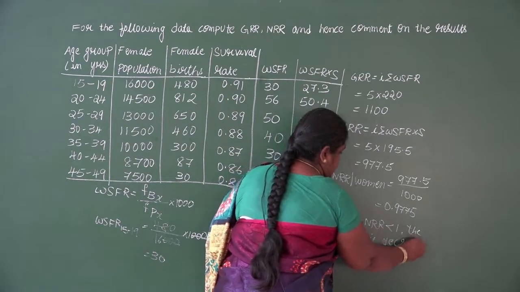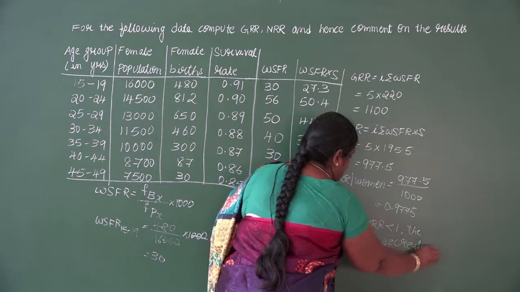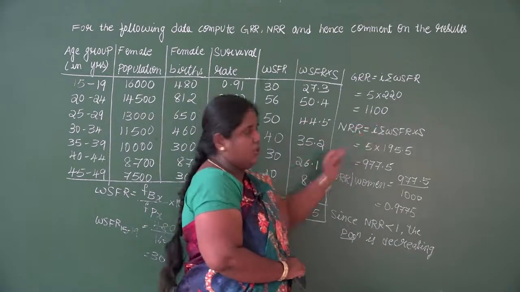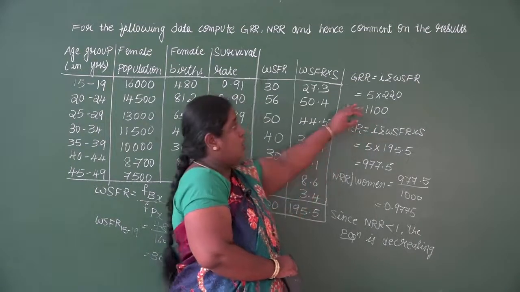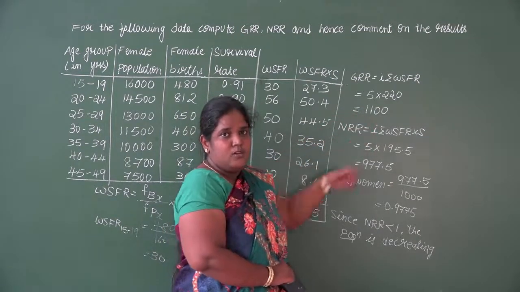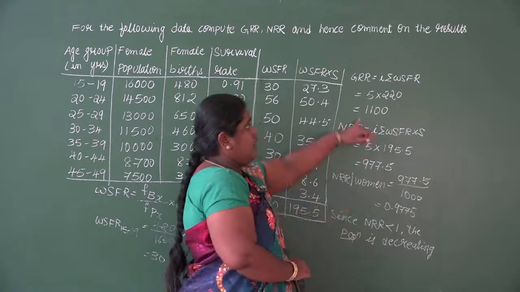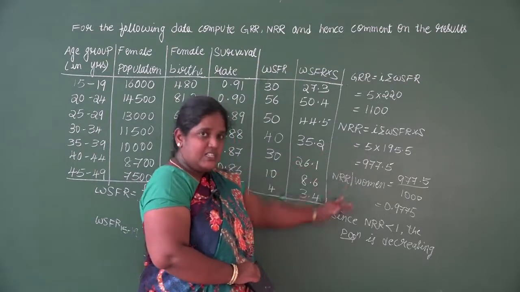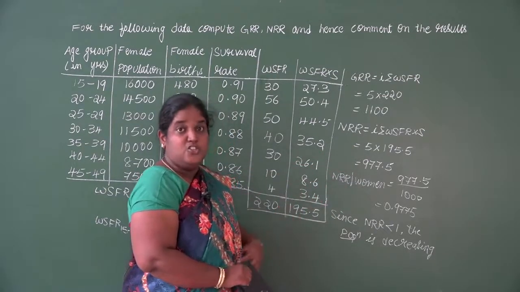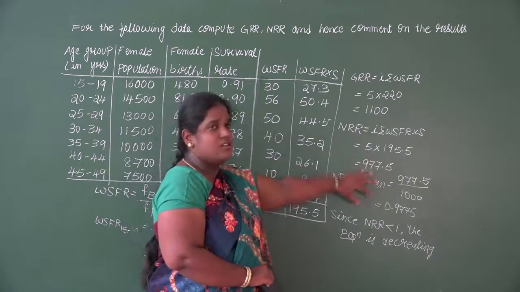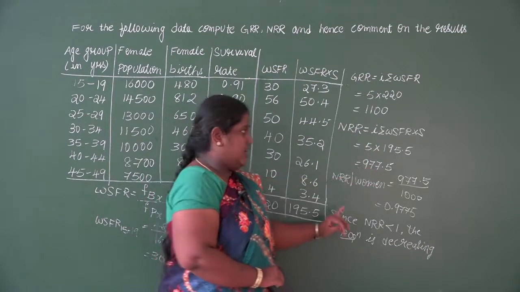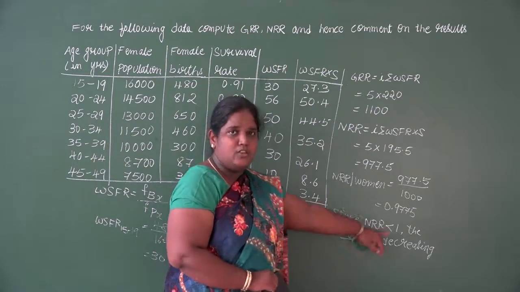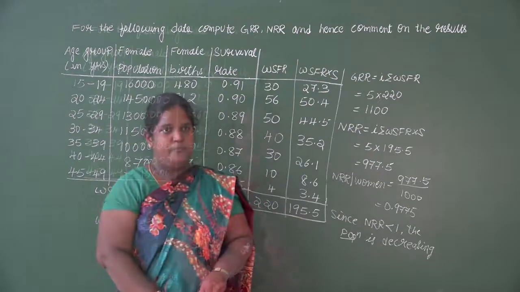If you see the GRR value, it is more than 1000, and when you divide it by 1000, we'll get 1.1, which is more than 1. So according to the GRR, the conclusion will be that the population is increasing. Here we were not considering the mortality. In NRR, we are considering the mortality, so the survival ratio is considered. Because of that, this is the best method to comment regarding the population. So in this problem, since NRR is less than 1, the population is decreasing.